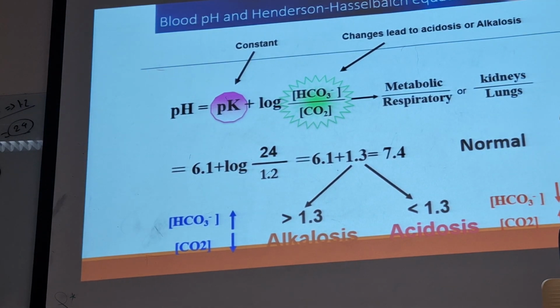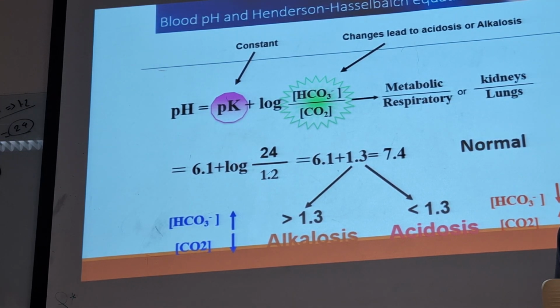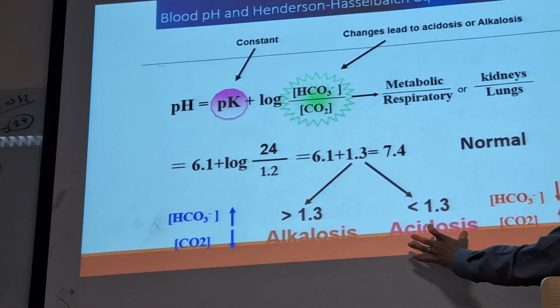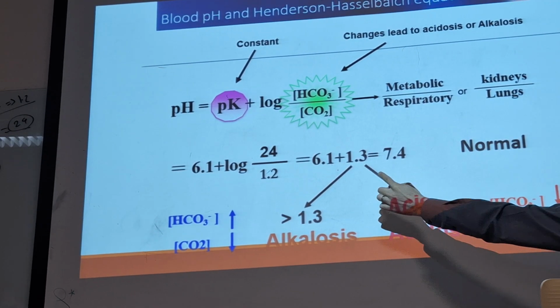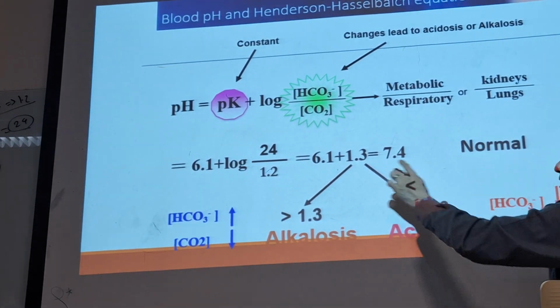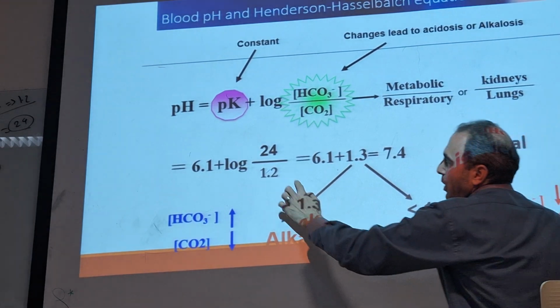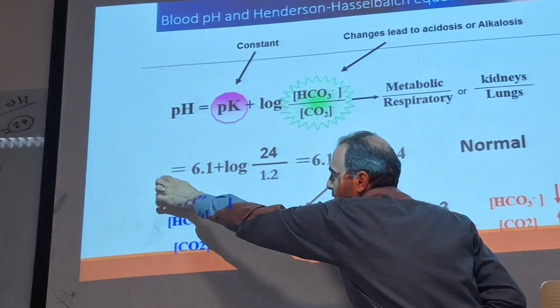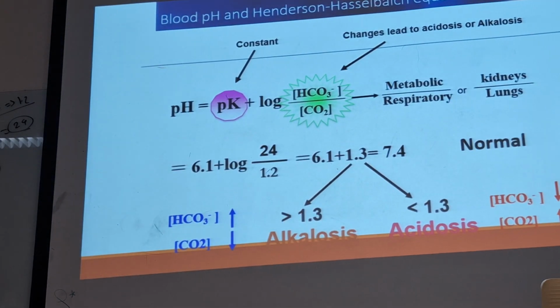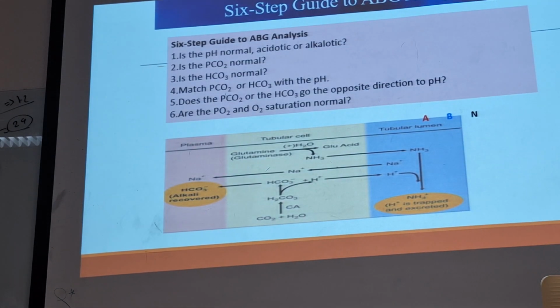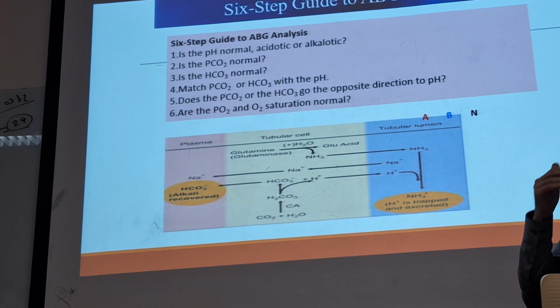If you remember just one of these, the others are completely clear. You don't need to memorize all of them. In acidosis, if bicarbonate decreases, pH also decreases. If CO2 increases, pH also decreases. I will talk about it again and again, and you can find what's happening.